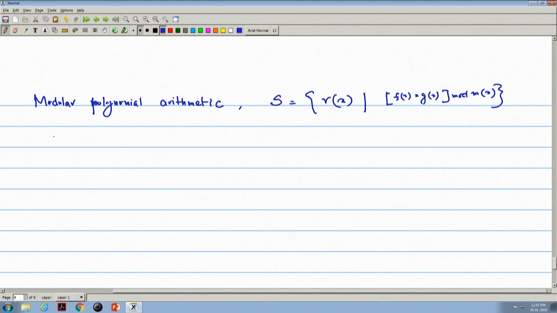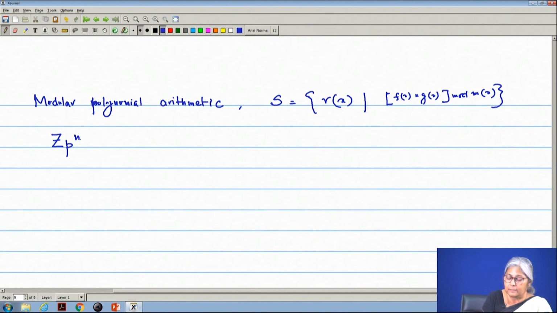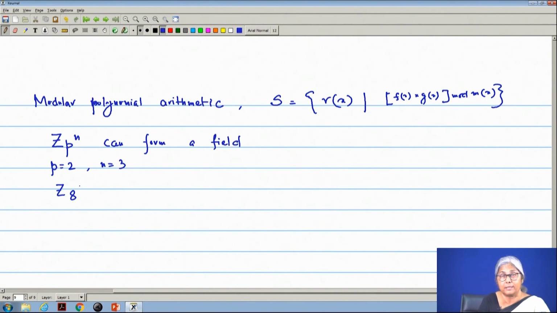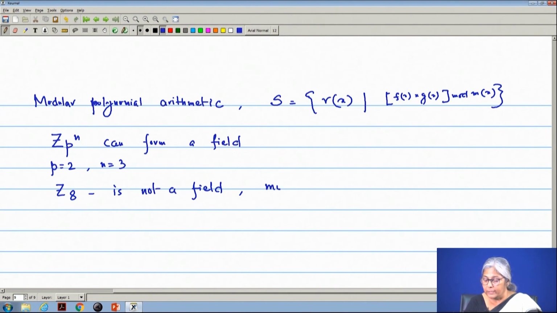So, we started our lecture with how Z p to the power n can form a field, and what we have seen, if p equal to 2 as an example, n equal to 3. So, obviously Z8, we have earlier seen that under normal modular arithmetic Z8 is not a field. Now, what we have done is that we have got 8 polynomials.